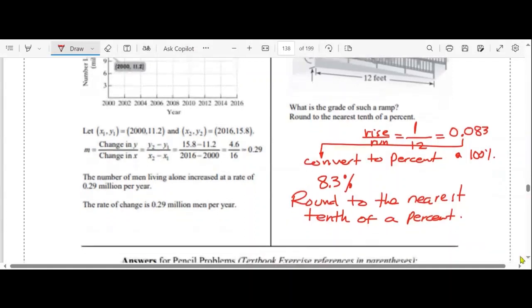So in this case, we'll say 8.3%. Do we have any number after 3? It's continuous. Give me one number after 3. 0.8333333. Okay, so when you round it, he wants it to the tenth, right? So for the tenth, you're going to stop at the 3. Okay? Clear?